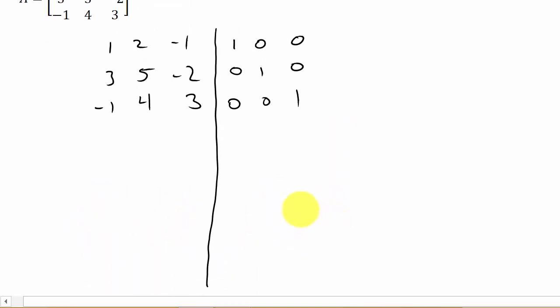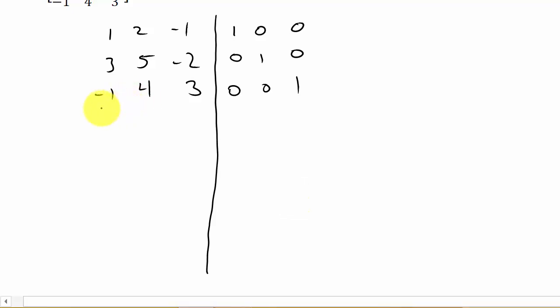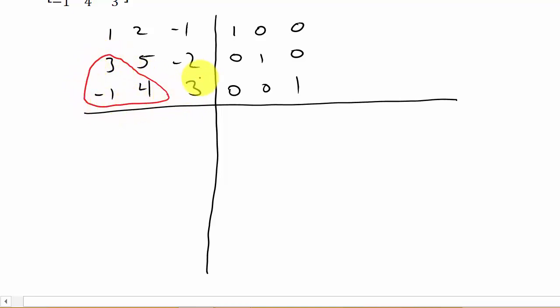So let's draw us a line here. You can see I want to get zeros here, and I need to get zeros here, and then the main diagonal needs to be ones. I'm going to worry about the diagonal for the very last step. I'm going to concentrate on getting zeros.